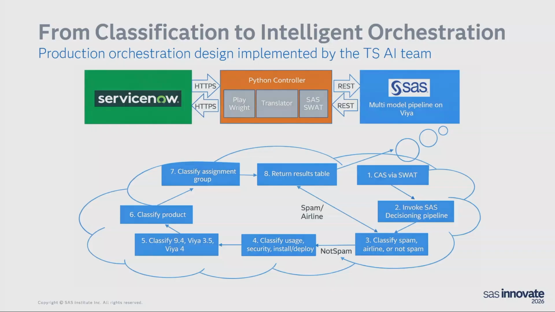You can see our model fits in step 3, classifying spam, airlines, or not spam. It's right at the beginning, after the decisioning pipeline starts kicking in. If it is a spam airline, it goes straight to the last step, where we do some other action with those emails.